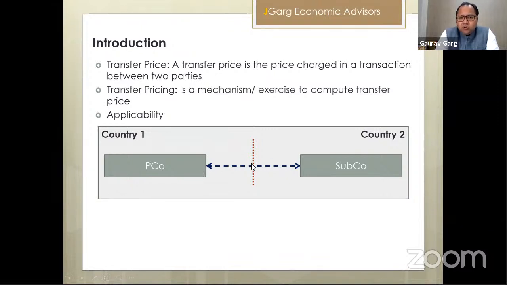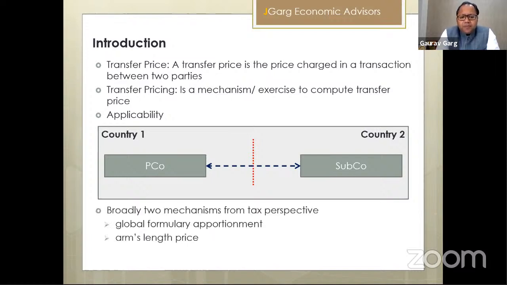Now in the Middle East also, the countries are coming up with transfer pricing regulations. We're going to see at the end what the position is as on date. But globally, almost all developing or developed economies do have transfer pricing regulation in place. So broadly, from a tax perspective, we have two mechanisms to compute transfer price.